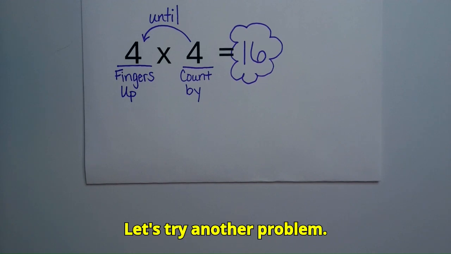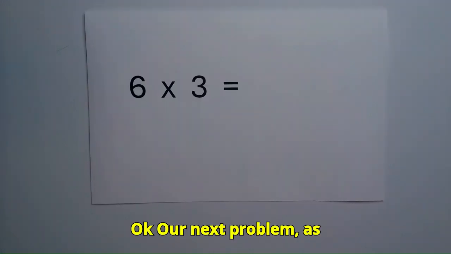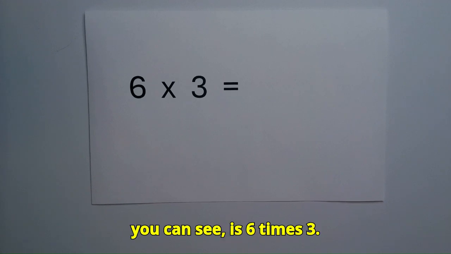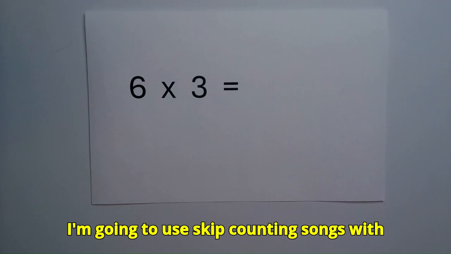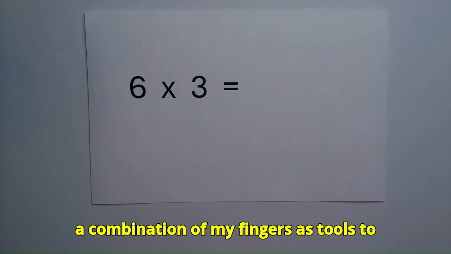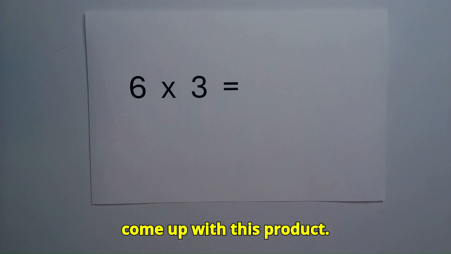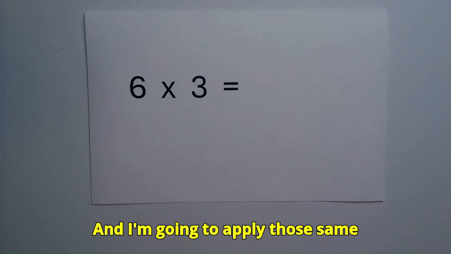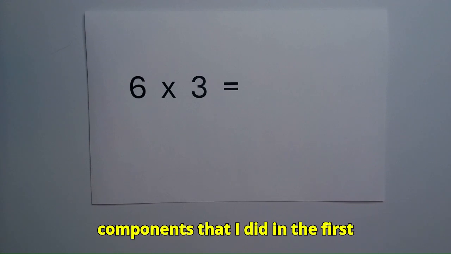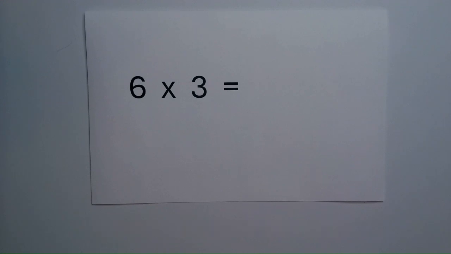Let's try another problem. Okay, our next problem, as you can see, is 6 times 3. I'm going to use skip counting songs with a combination of my fingers as tools to come up with this product. And I'm going to apply those same components that I did in the first multiplication fact.